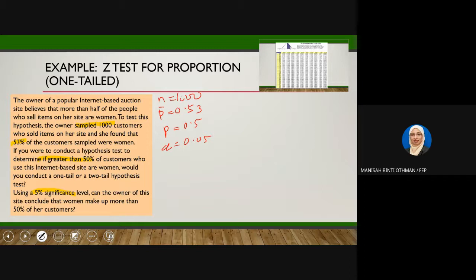It's a one tail. So now how do you create the hypothesis? What is the null hypothesis and what is the alternative hypothesis? Which one is more than, which one is less than?